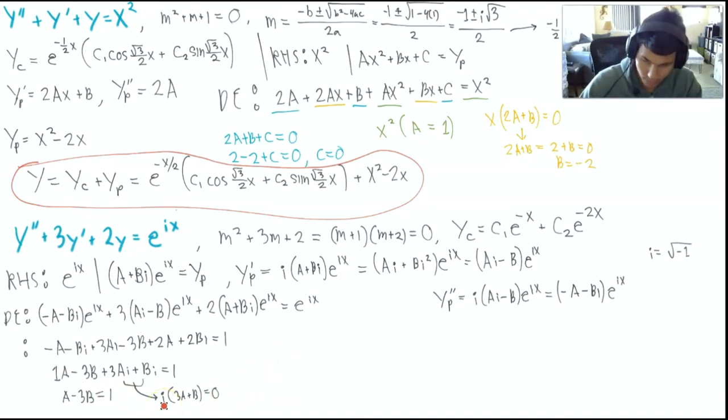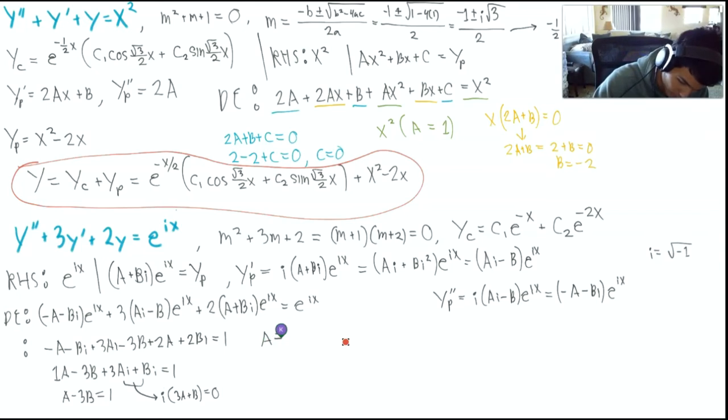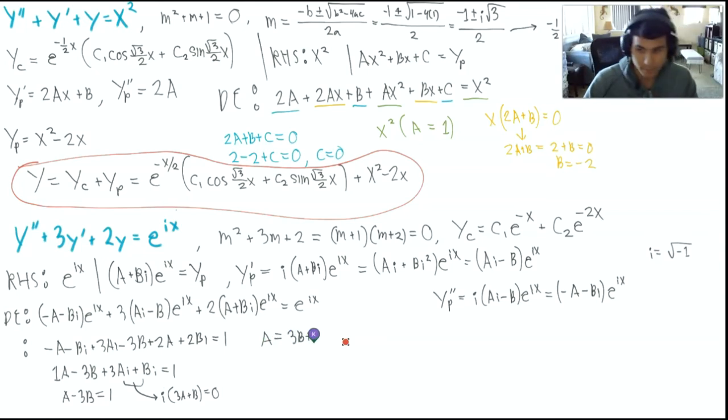So this right here, I'm going to put it over here. It would be a is equal to 3b plus 1. I just rewrote this. Now I can actually start using this information.